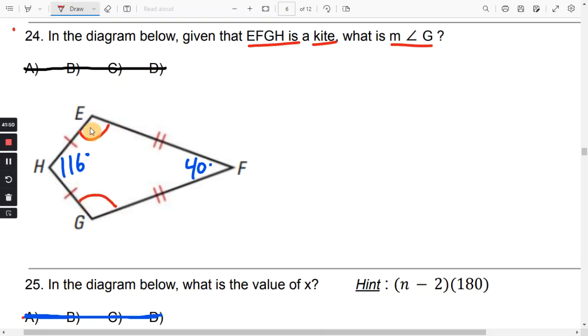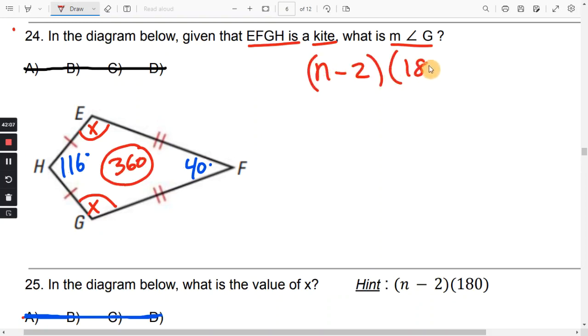So we can call each angle X. And remember, for a quadrilateral, or four-sided, the angles add up to 360. In case you don't believe me, you can do n minus 2 times 180. That's the sum of the interior angles.